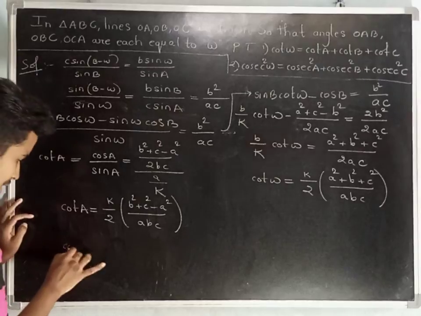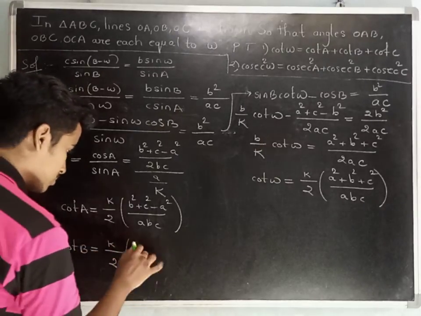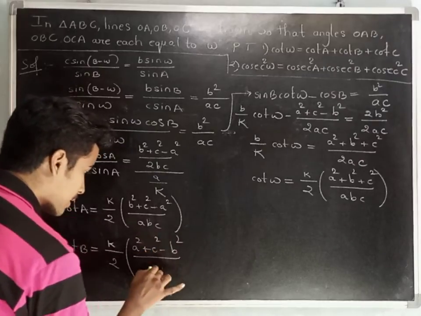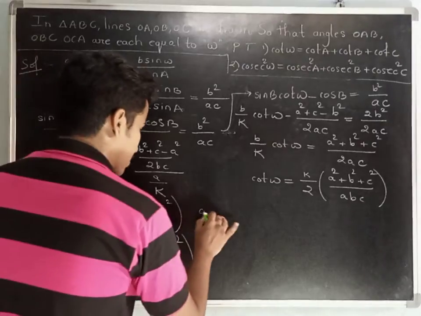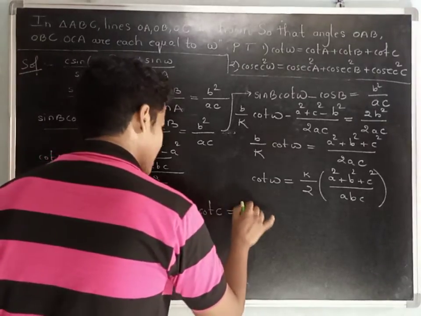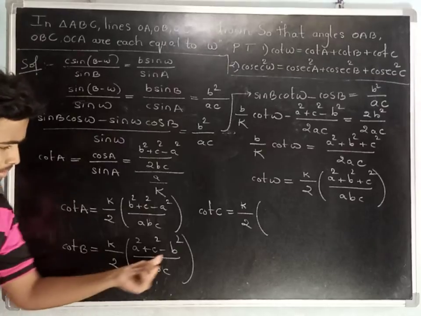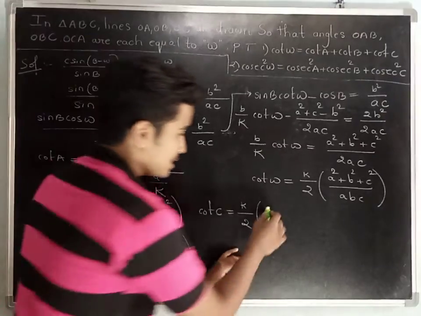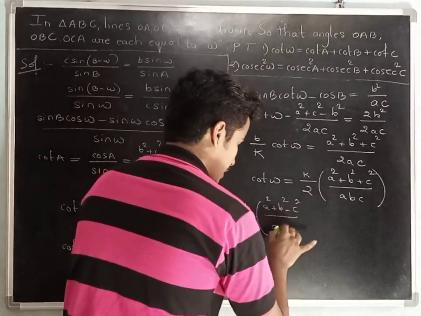Similarly, cot B can be written as k by 2 into a square plus c square minus b square by abc. And cot C can be written as k by 2 into, for B what I have written, similarly here it is C, so a square plus b square minus c square by abc.